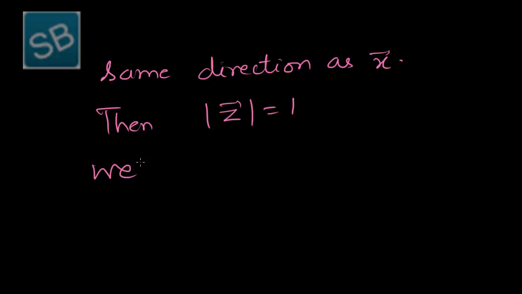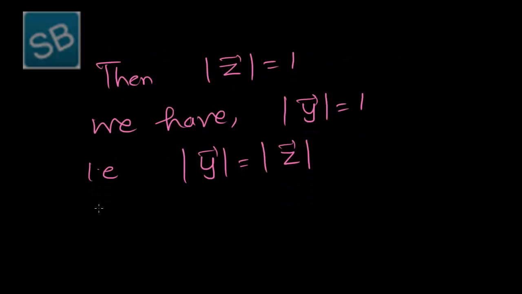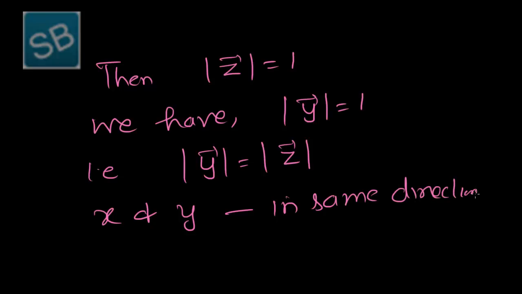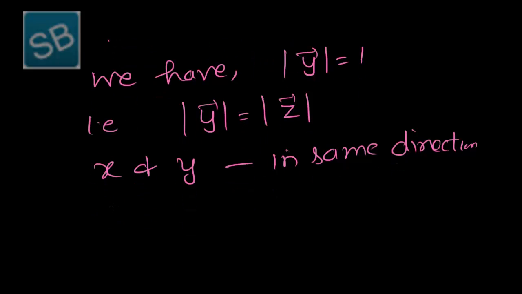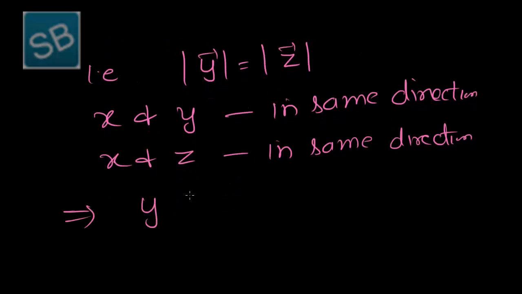And also we have magnitude of vector y is also 1. That is, magnitude of vector y is equal to magnitude of vector z, and x and y are in the same direction. Also x and z are in the same direction. That implies y and z are in the same direction.